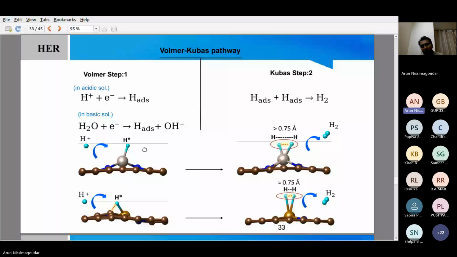Another hydrogen will come during the absorption. When these 2 hydrogens come near, they evolve as H2. This is a simple way of showing the hydrogen evolution reaction.